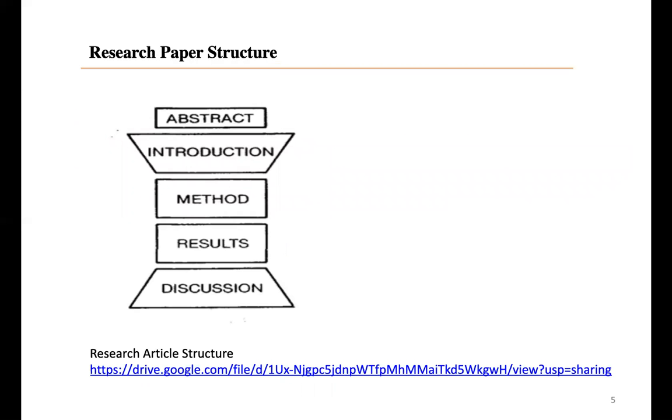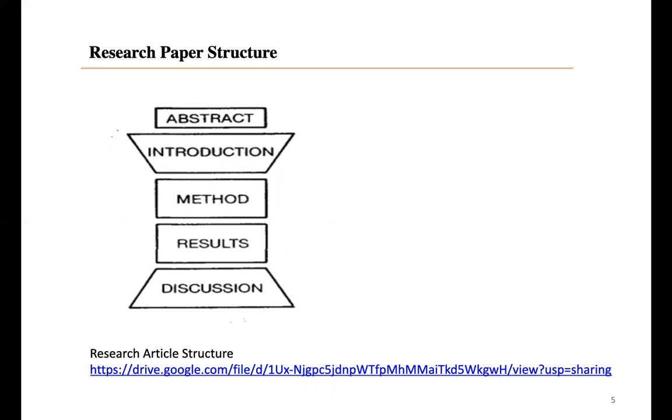So here is a typical research paper structure, which is composed of abstract, introduction, method, results, and discussion. However, different fields may have different paper structures.